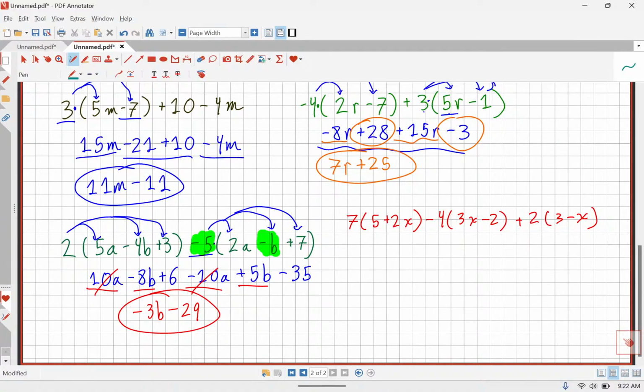Guys, if you get stuck, just think of it one step at a time. If you distribute that 7 in, what's that going to turn into? Great. There we go. Now let's do this one. Let's get those voices off, please. I can't hear or focus. What's going to happen when I distribute that negative 4 in?